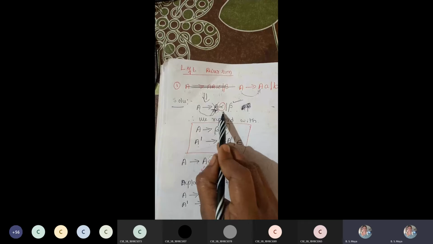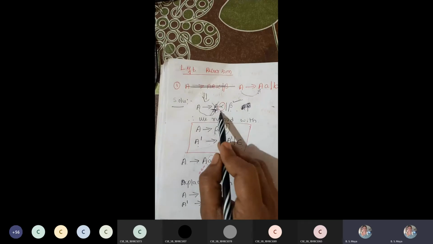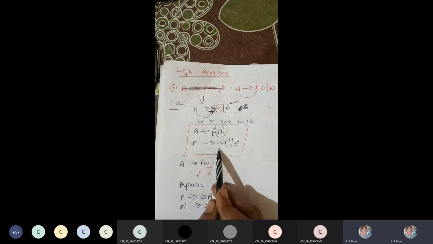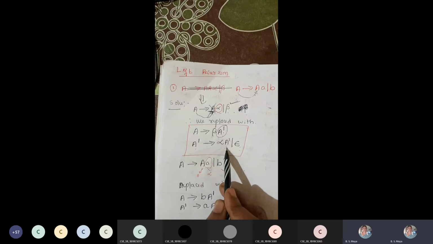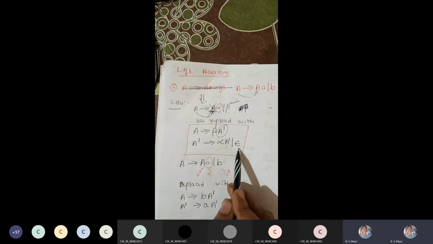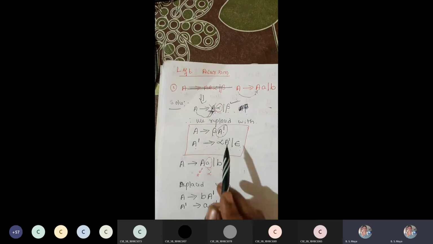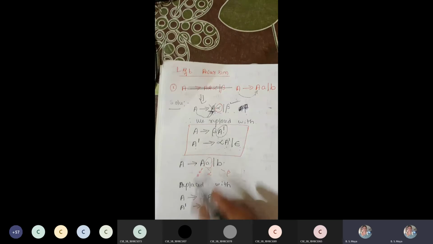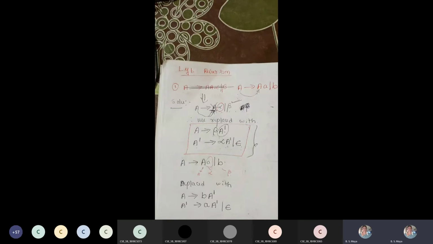You call all of those symbols alpha, the general name alpha. You take alpha, and including alpha you add one more symbol, A dash: alpha into A dash or epsilon. If for any production you want to eliminate left recursion, use these two formulas for that production.